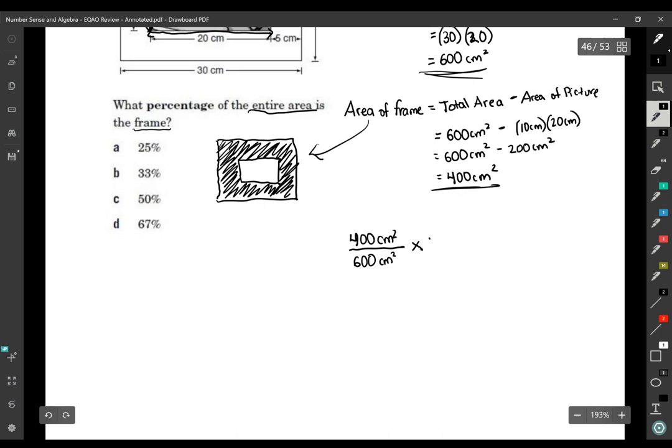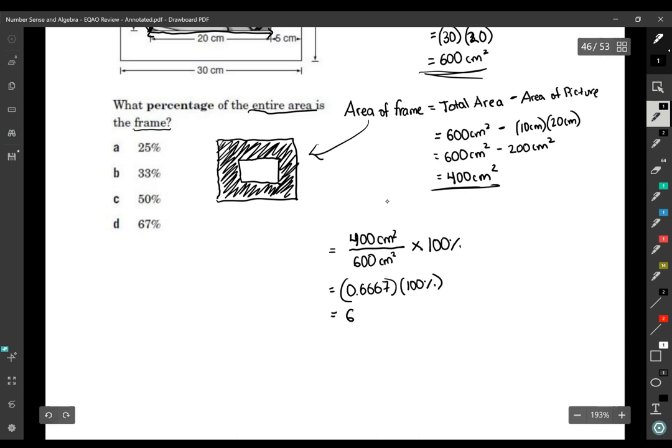And we're going to multiply that by 100%. So 400 divided by 600 gives you 0.6667, and on and on. So we get that decimal, and then simply by multiplying it by 100, we turn it from a decimal into a percentage.